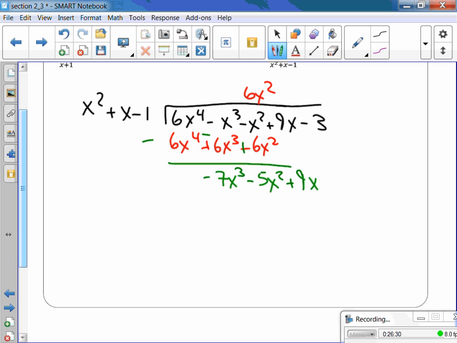Multiplying by negative 7x to that divisor. Negative 7x cubed, minus 7x squared, plus 7x.